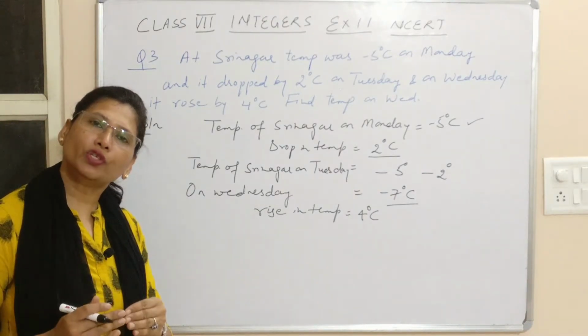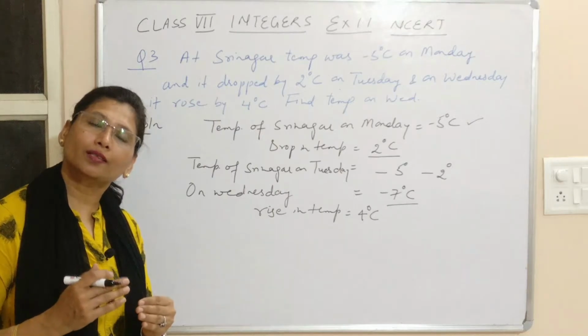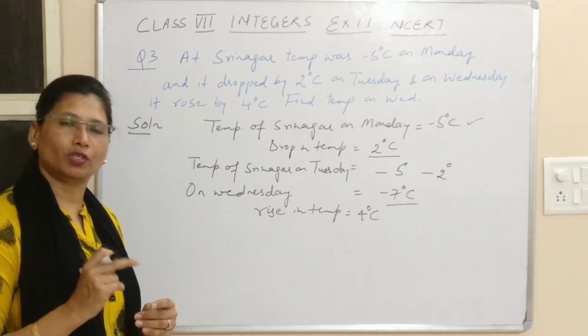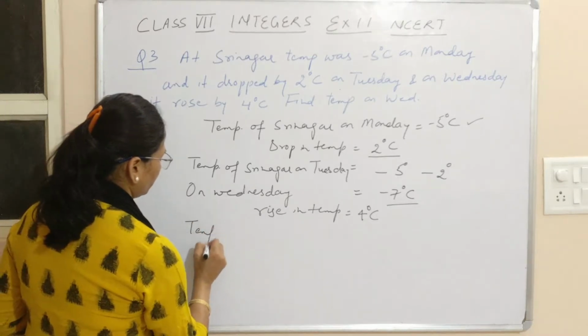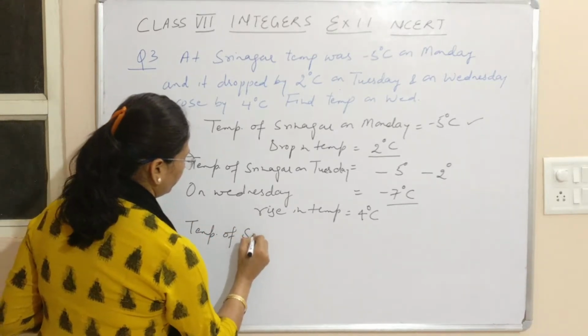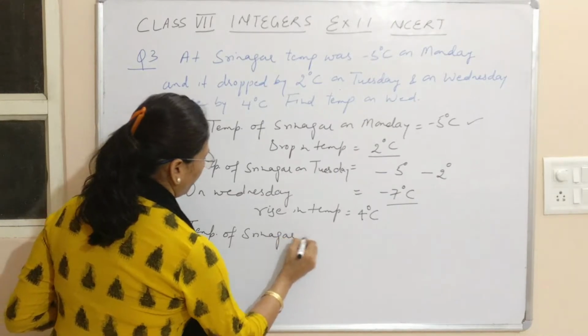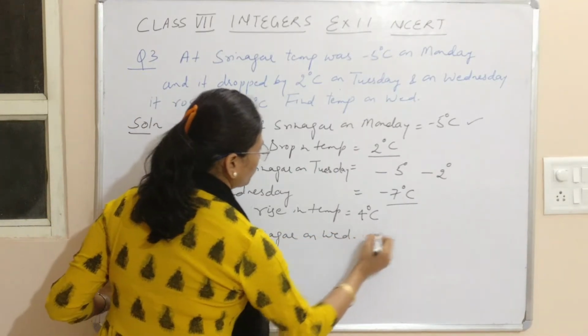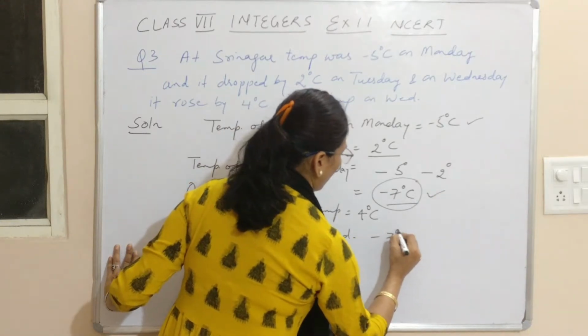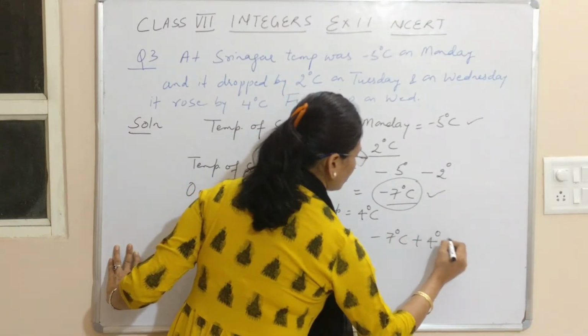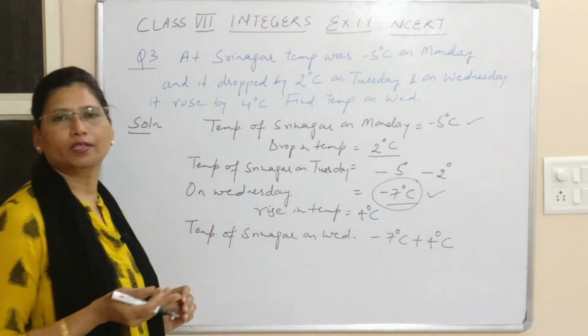Now we will add this rise to the temperature on the previous day. So the temperature of Srinagar on Wednesday: this is the temperature on Tuesday, and then on Wednesday the temperature increases by 4 degrees Celsius.